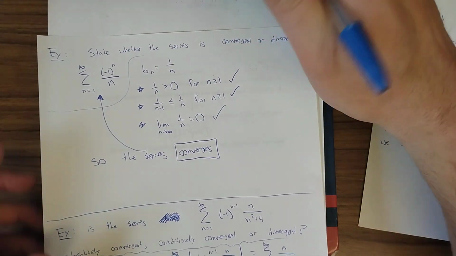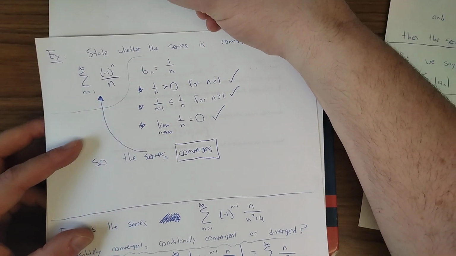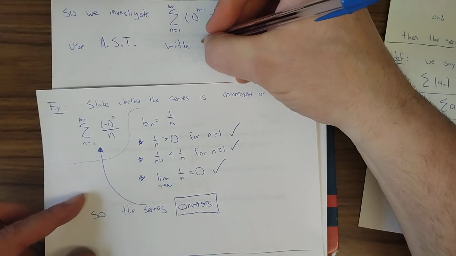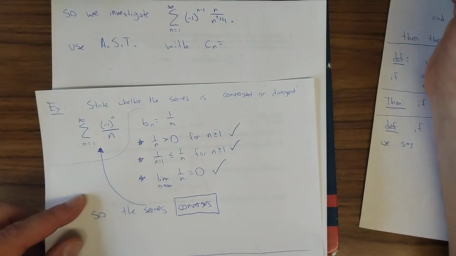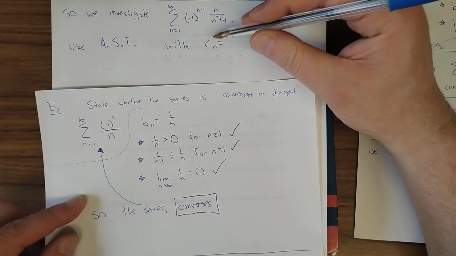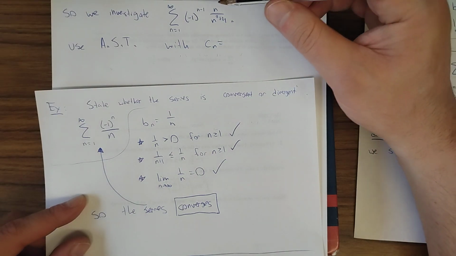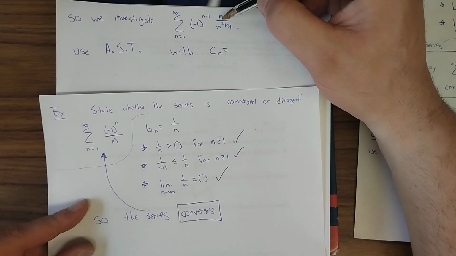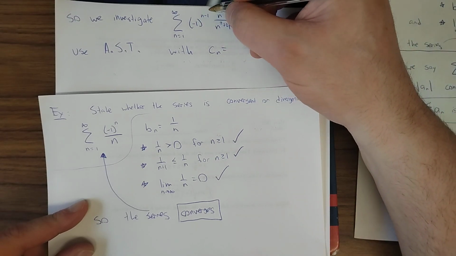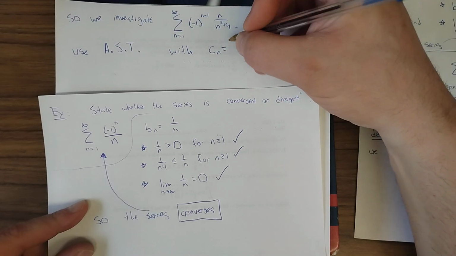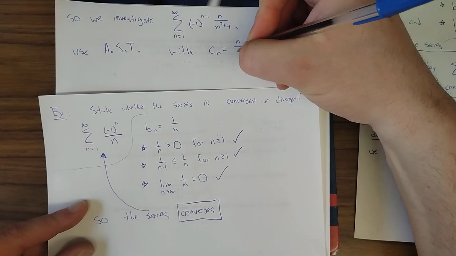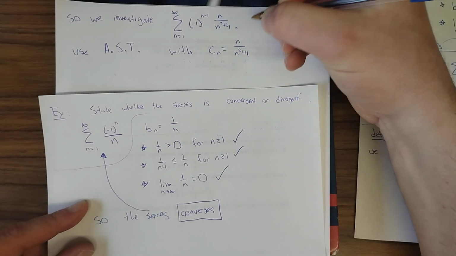So c sub n is basically the absolute value, the version where you don't have this -1 there. So c sub n is just n over n squared plus 4.